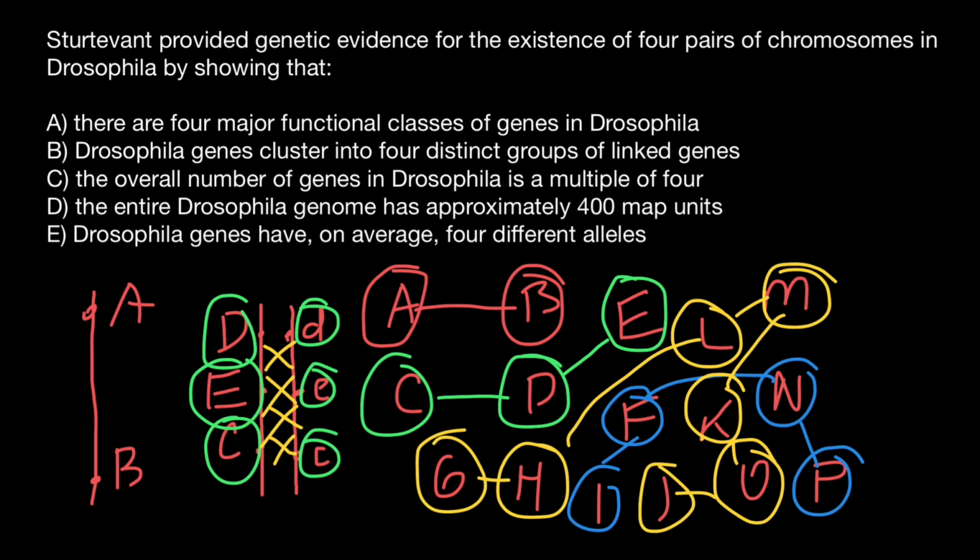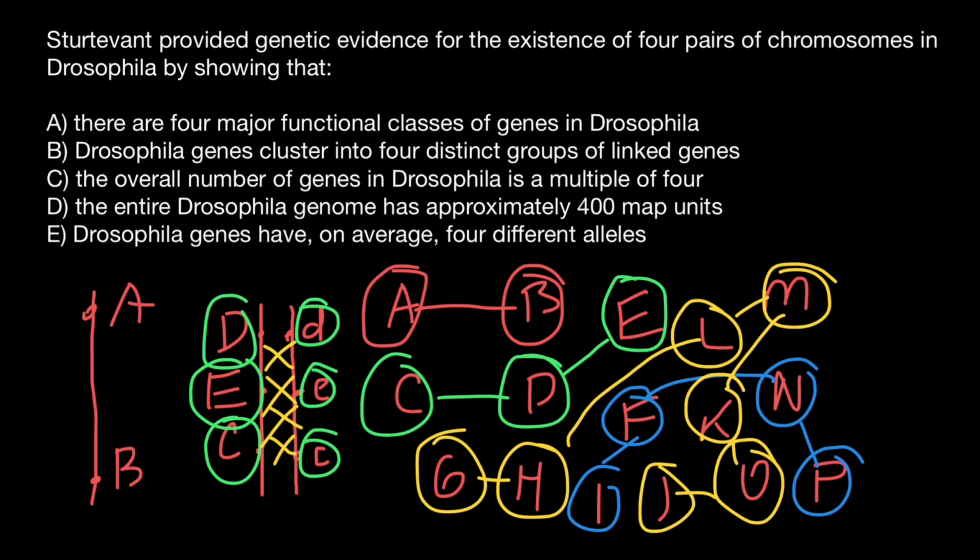So now you see, even when we have many traits and we don't know how these traits relate to each other, just looking at the tendency of being inherited together, we can separate them into clusters. How many clusters do we have? For example, 1, 2, 3, 4 clusters here. This tells us that we have 4 chromosomes.